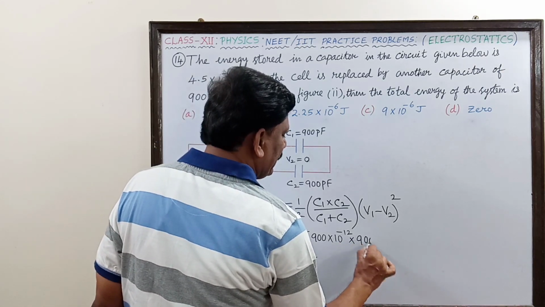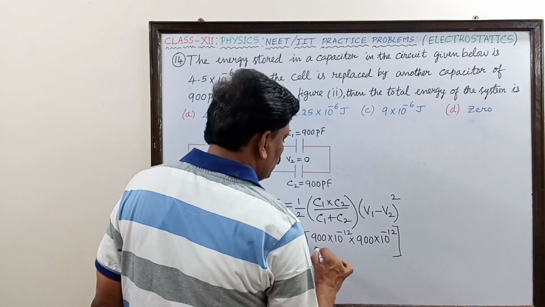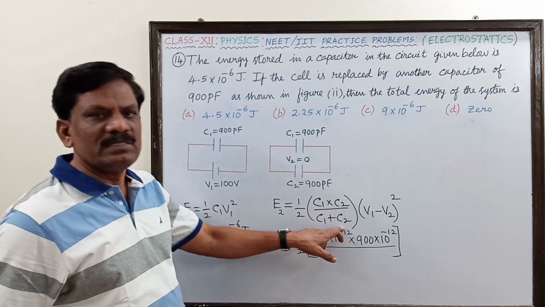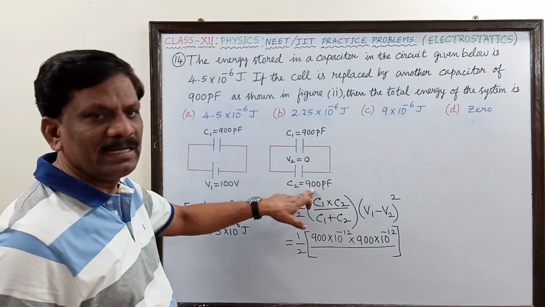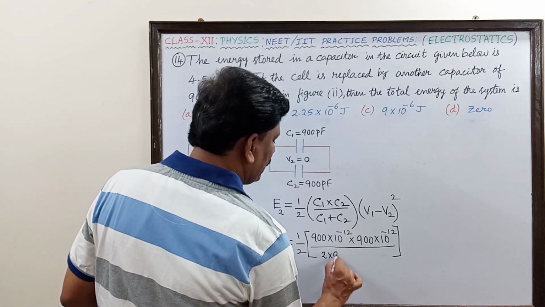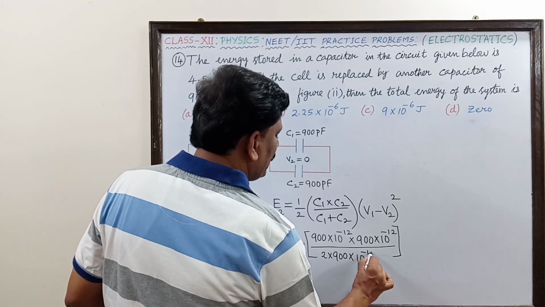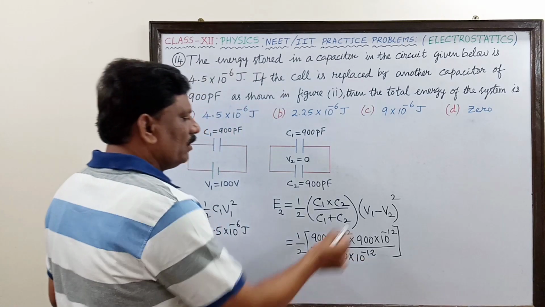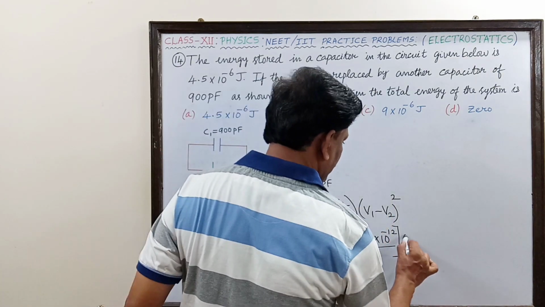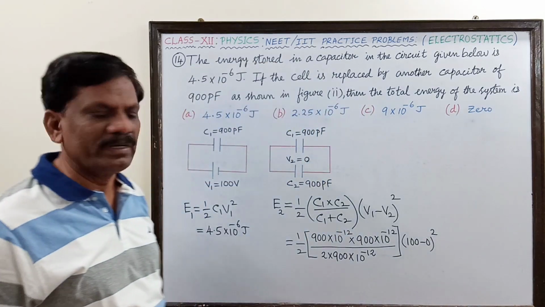Into again 900 into 10 power minus 12, whole divided by C1 plus C2, 900 plus 900, we can write 2 into 900 picofarad, so this is 10 power minus 12. Now V1 minus V2 the whole square is what? 100 minus 0 the whole square, that is 100 square only.